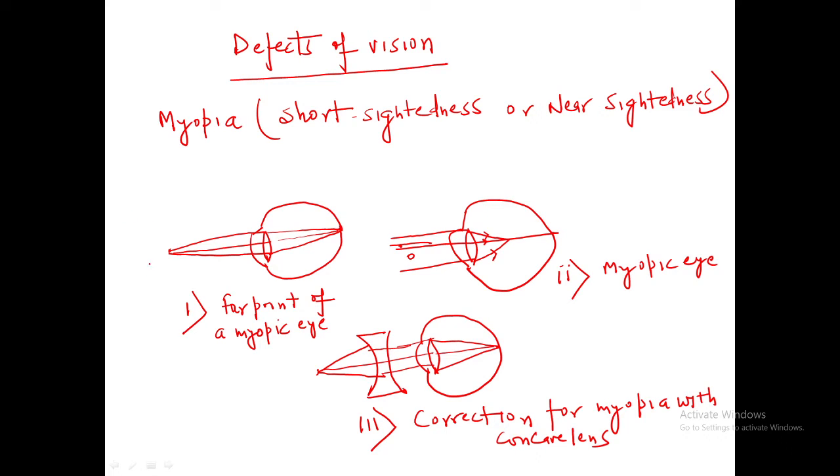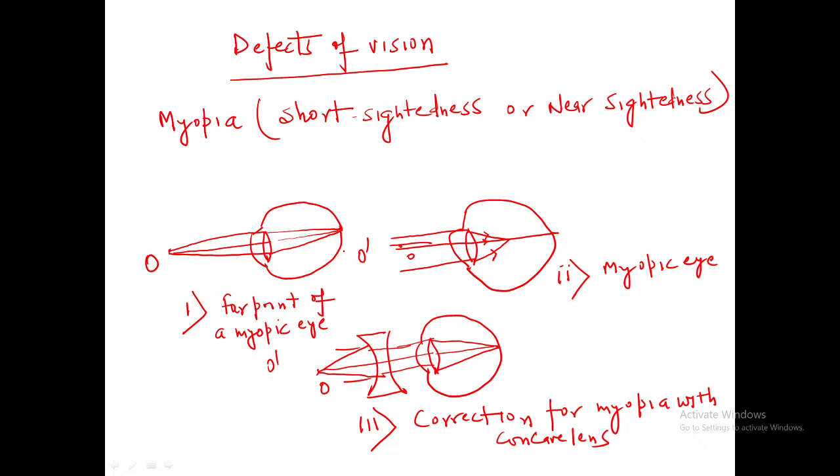This is O, and here it was O, and in this case it is O dash, and O dash is at a very far distance.